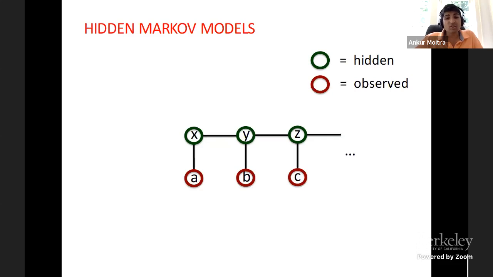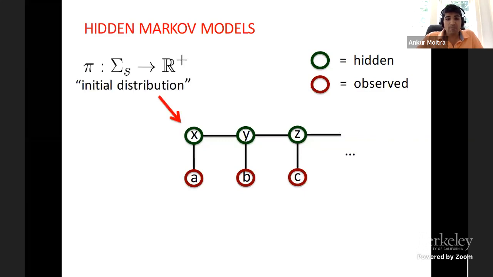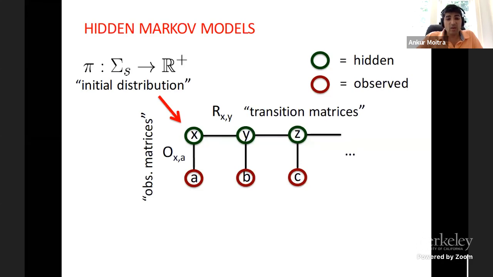And what happens is that at each node, you have a hidden symbol that you don't observe. And then you have some matrices. So first you choose an initial distribution on the first state, which, when you push the button, chooses what symbol you assign to the starting state X. And then you look at these observation matrices that describe, for each hidden state, what is the distribution on the symbols that you observe at that time step.